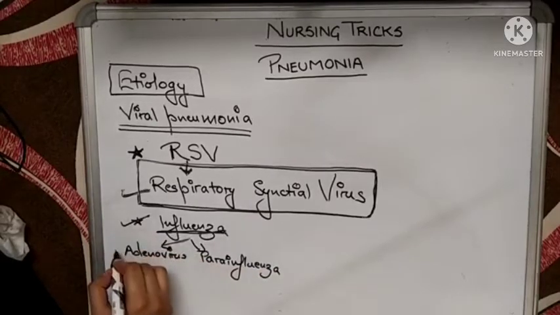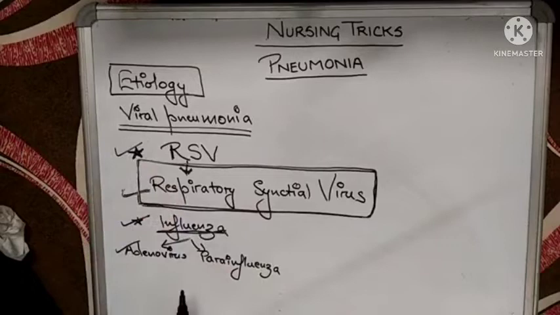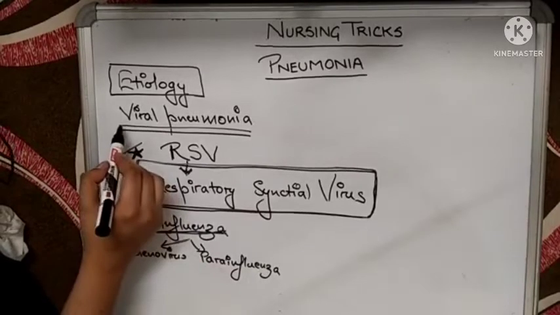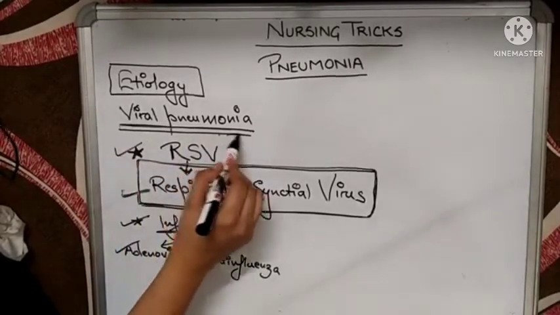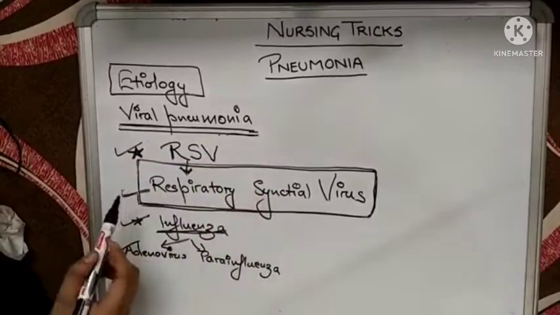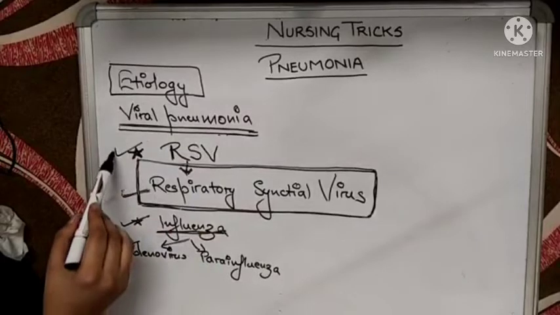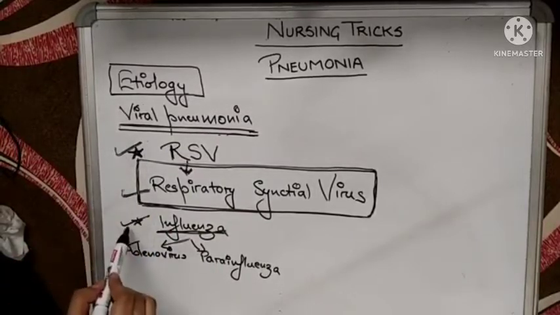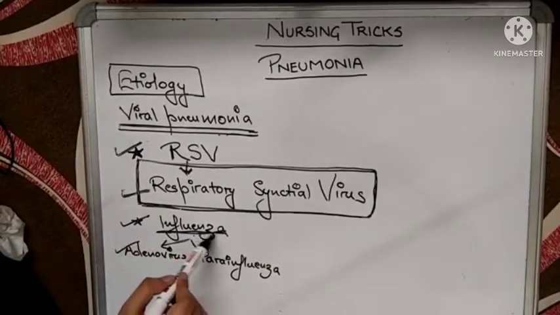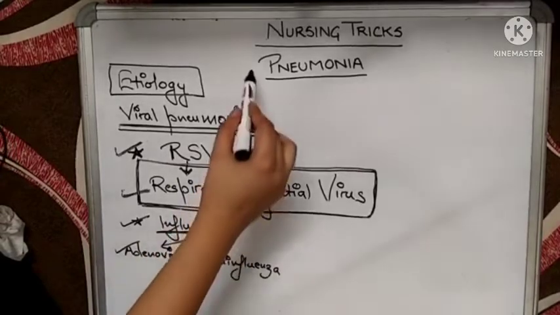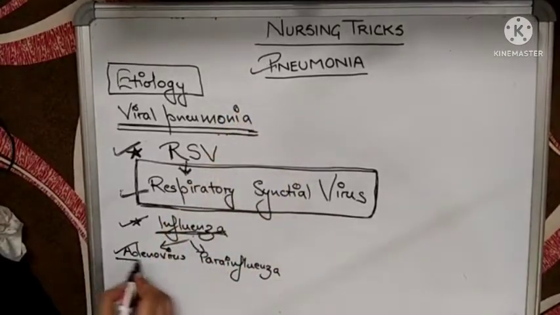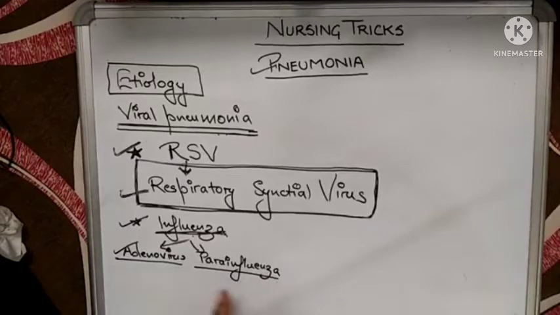So if someone asks you what all viruses are responsible for pneumonia, you should first take the name of the respiratory syncytial virus immediately, and then you should also say that influenza virus is also responsible for the process of pneumonia, in which we include the adenovirus and the parainfluenza virus.